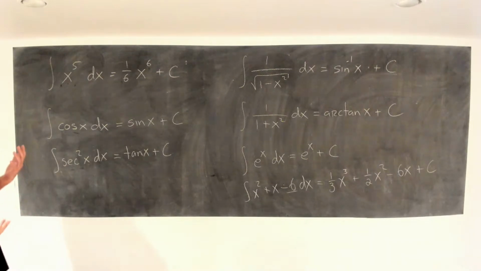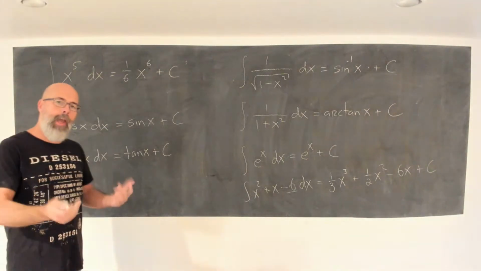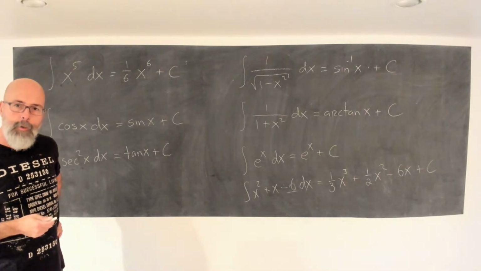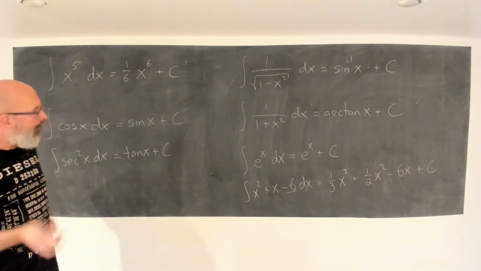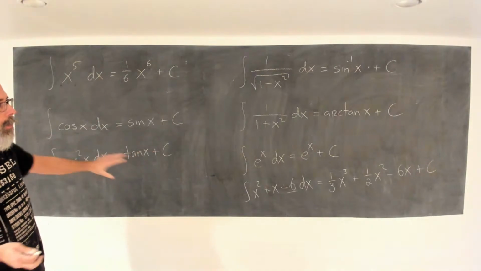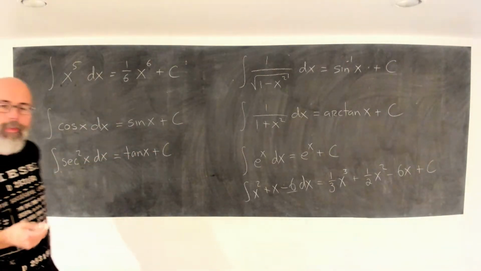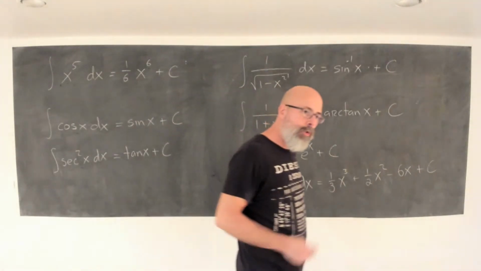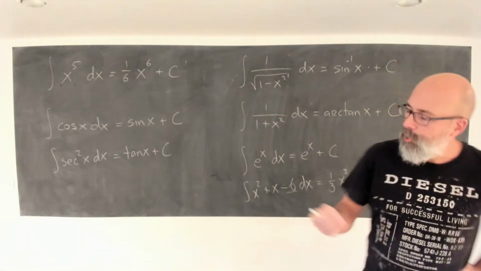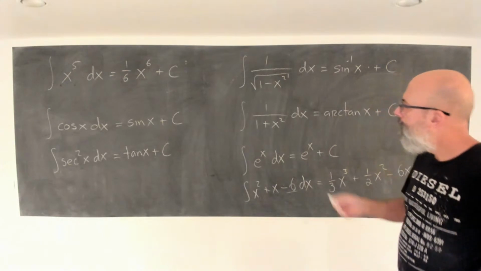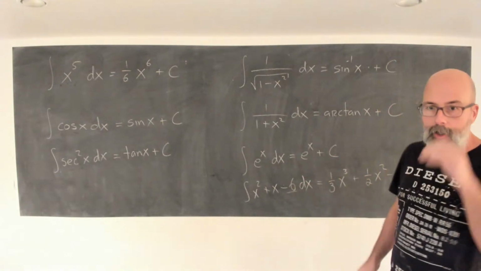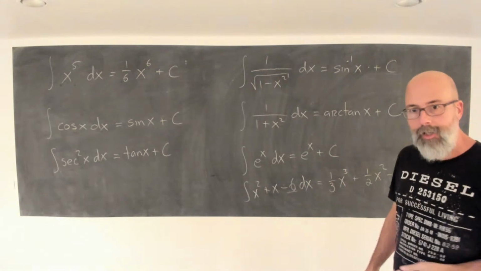So that's the idea behind the antiderivative. If you are comfortable with the derivative, then you should be very comfortable with these easy antiderivatives. Of course, as you know, or as you may know, 141 is devoted entirely to finding antiderivatives.